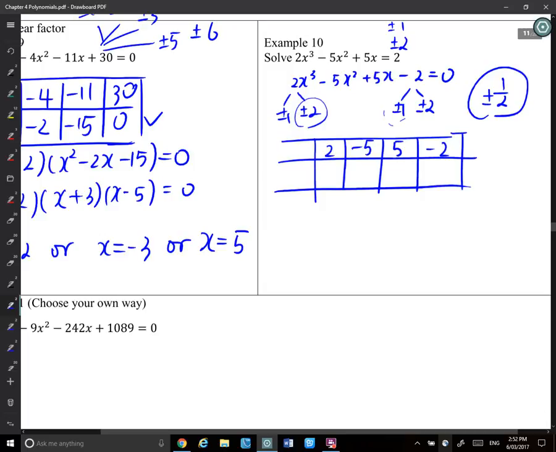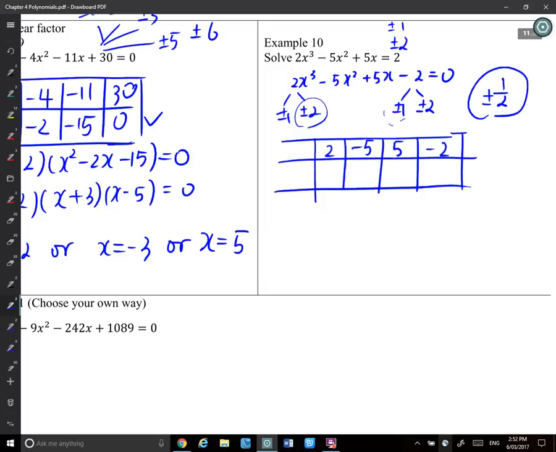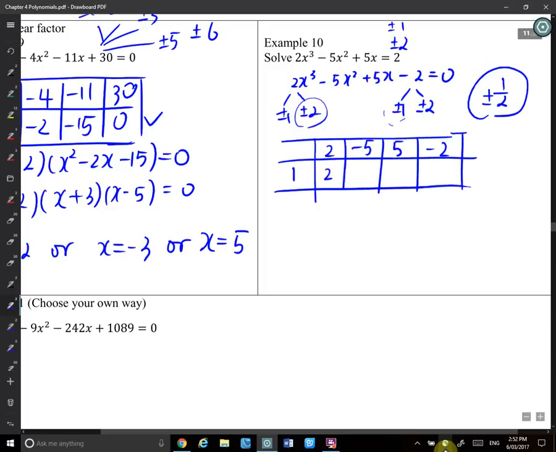I will start with 1. So that gives you 2, 2 minus that minus 3, minus 3 plus 5 is 2. That gives you 0. Okay, so 1 worked. So you will have x minus 1, 2x squared minus 3x plus 2 equals 0.